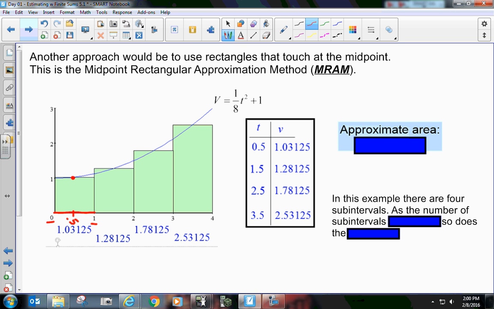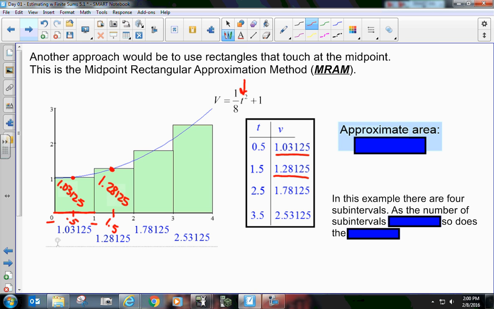So by putting 0.5 in here, and they gave us that, the area is 1.03125 using the midpoint. Okay? Now what is in between 1 and 2? 1.5. So when you use that point, it gives you the area right here, 1.28125.